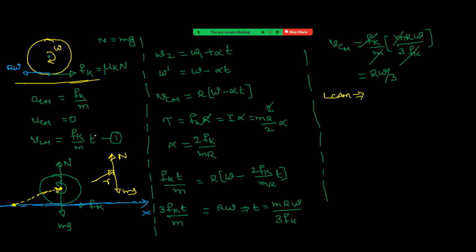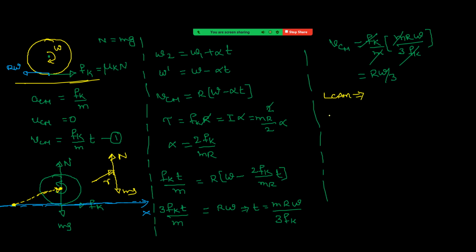So initially, this body was having only rotation. And rotation is now clockwise. Only rotation. And we have learned that because of rotation, angular momentum is I omega. So we are taking about the axis of rotation, about center of mass.